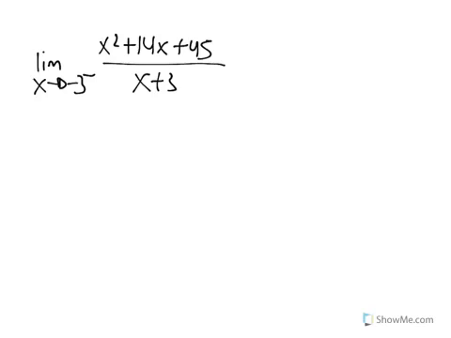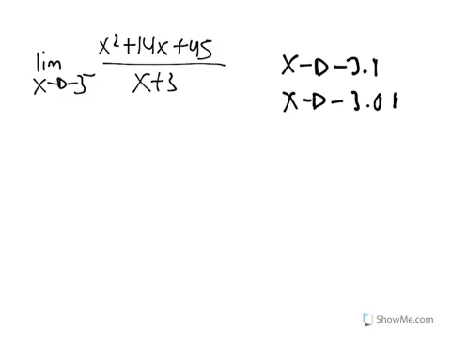The first number I can take is negative 3.1. After I compute that, I want to compare it to when x approaches a number a little closer to negative 3, so we'll plug in negative 3.01.